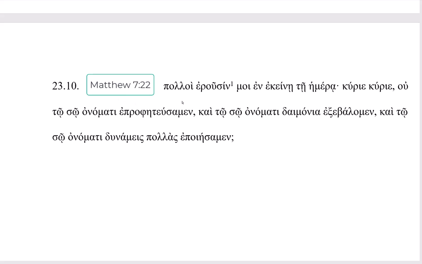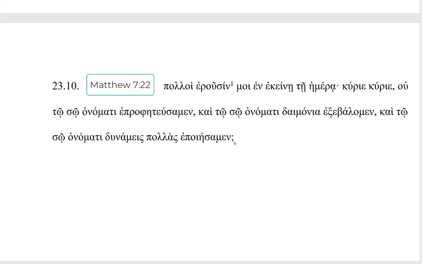Matthew 7:22, I'll go ahead and read it. Polloi erousin moi en ekeine te hemera, Kyrie, Kyrie, ou to so onomati eprophuteusamen, kai to so onomati daimonia exebalomen, kai to so onomati dunameis pollas epoiesamen.